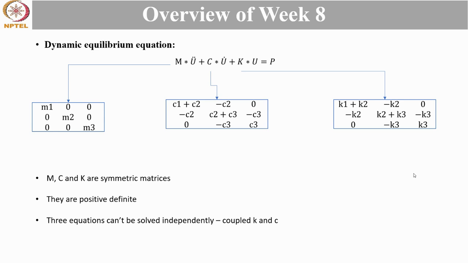So suppose we have a three-story building, then we have three unknowns, the deformation of all the three floors. Now these three equations can be solved independently. Why? Because the stiffness matrix and the damping matrix are coupled matrices, so equations can't be solved independently.